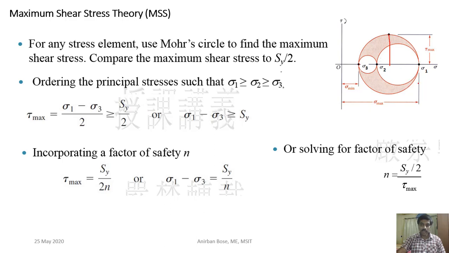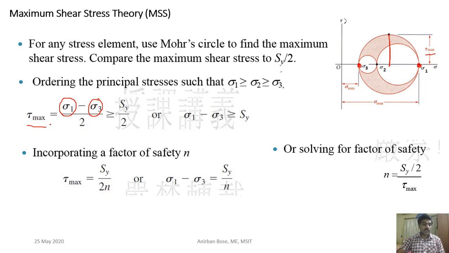The diameter of the big circle is sigma 1 minus sigma 3, that is, maximum principal stress minus minimum principal stress. That divided by 2 is the radius, which is the maximum shear stress. So the maximum shear stress is sigma 1 minus sigma 3, divided by 2.